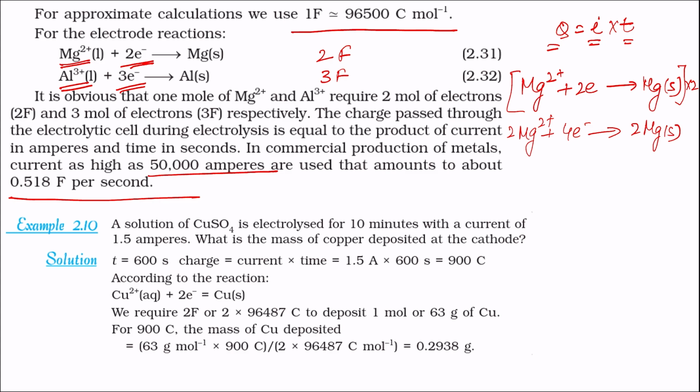So when 4 moles of electrons are there, the amount of magnesium discharged is 2 moles. 4 moles of electrons means 4 Faradays of electricity. So the amount of substance discharged depends upon the amount of electricity passed, or the quantity of charge passed through the electrolytic solution.